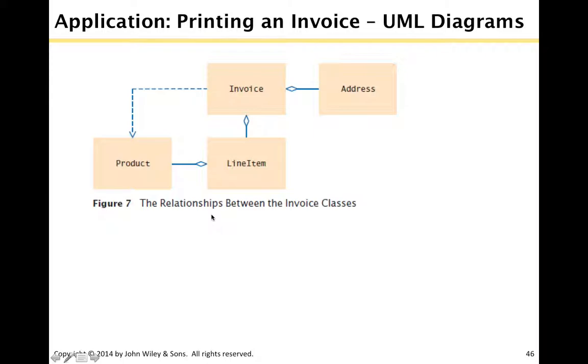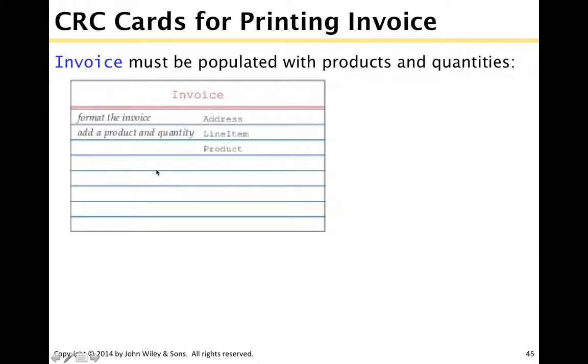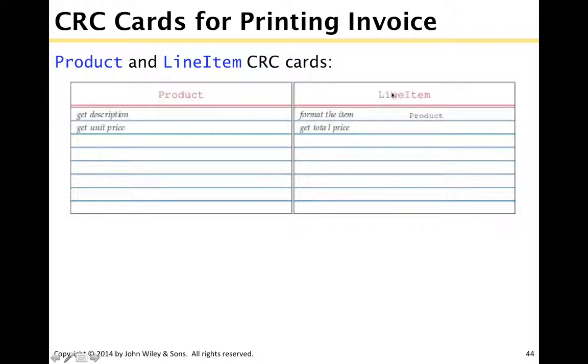And then LineItem owns a product. Then the CRC card says LineItem has two responsibilities: format the item with a collaboration from the Product class, and get total price.